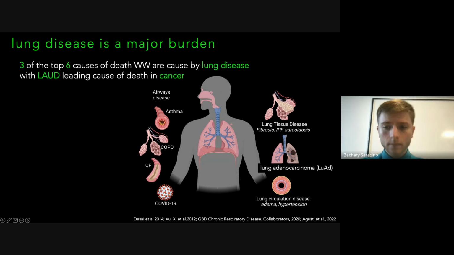Here are a few of the many different lung diseases. You have some more acute diseases such as COVID-19, and then you have diseases like asthma, and of course the more chronic and maybe debilitating diseases such as COPD, cystic fibrosis, and idiopathic pulmonary fibrosis, which is what we have a model for in our lab. Next slide, please.